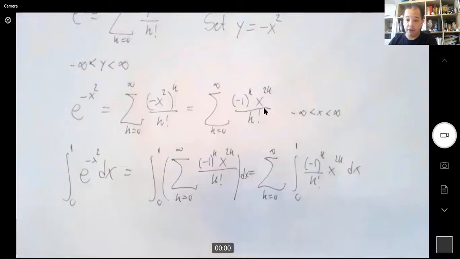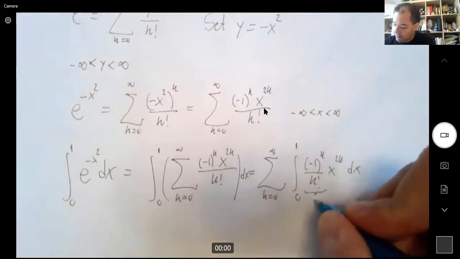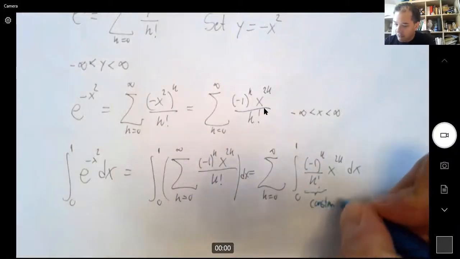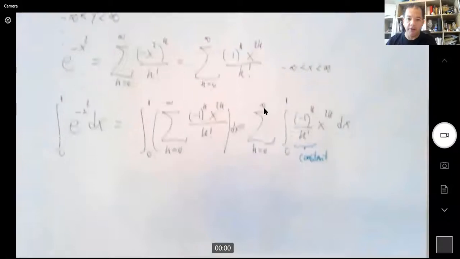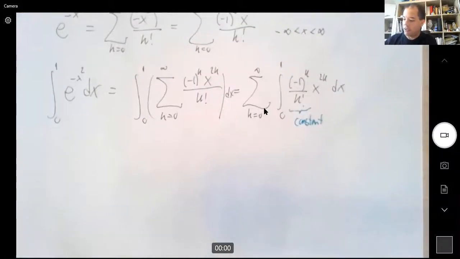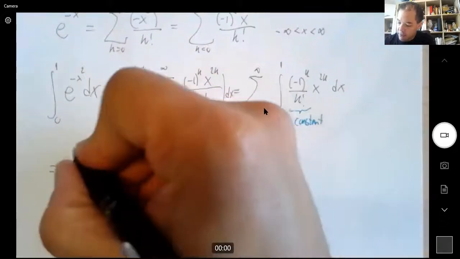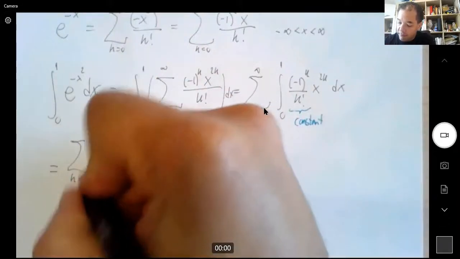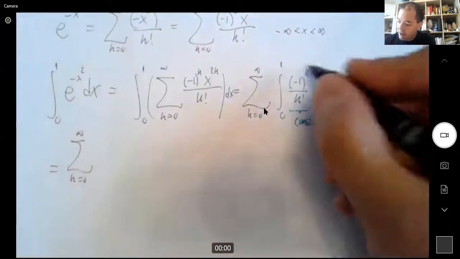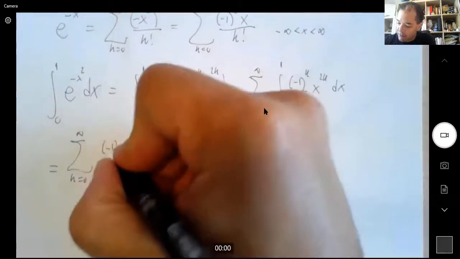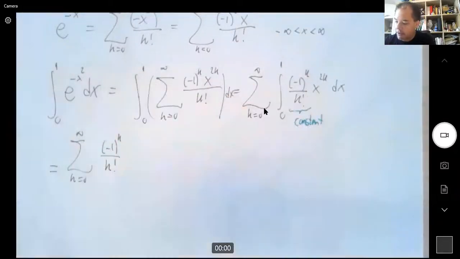This is a straightforward integral because this part over here is just a constant, so we should not worry about that part. We can now integrate. It will be the series from 0 to infinity, and this is a constant, like we said, so I just rewrite it again.